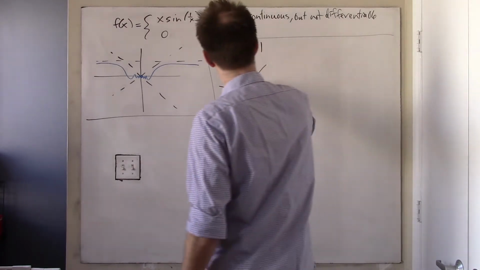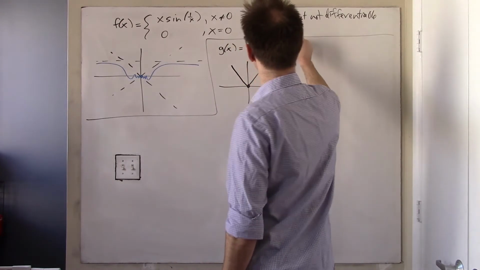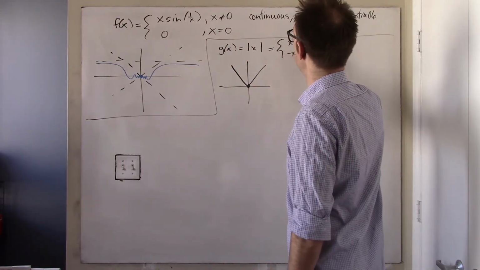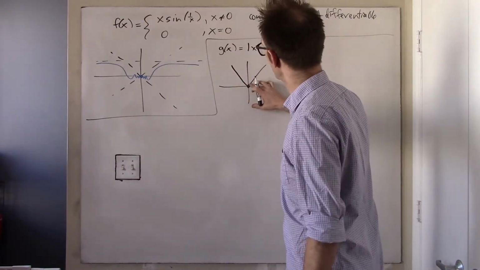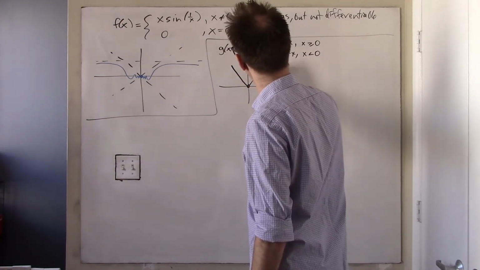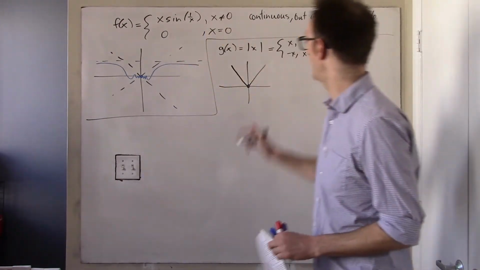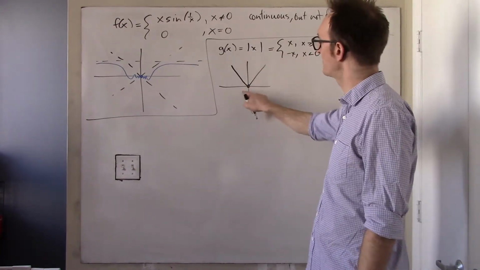That's because the absolute value function is by definition a piecewise function, x when x is greater than or equal to 0, and negative x when x is less than 0. So you can think of the absolute value function as a special case of a more general phenomenon, the piecewise function, and it's continuous because its value at 0 is 0, and the limit from the left equals the limit from the right.